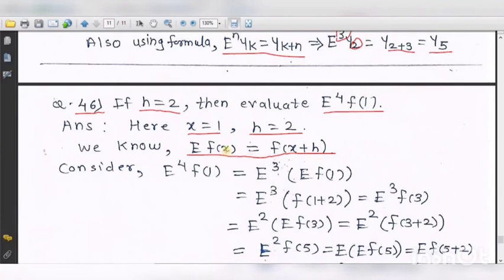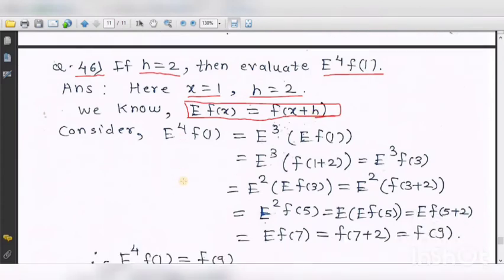Because if x is the value, then its next immediate value is x plus h, and the corresponding value of the function is f(x+h). So this is the basic definition of the shift operator in the form of x. Now we have x equal to 1 and h equal to 2.